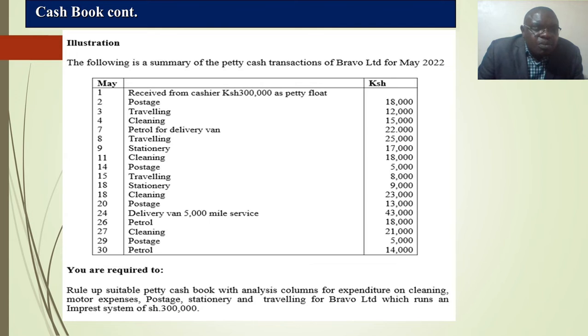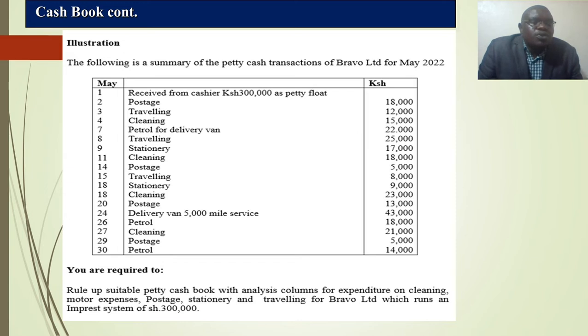Rule up a suitable petty cash book with analysis columns for the expenditure on cleaning, motor expenses, postage, stationery, and traveling for Bravo Limited, which runs an imprest system of 300,000 Kenya shillings. Here, what we are saying is that even this petty expenditure has so many items, so sometimes we are forced to group them.